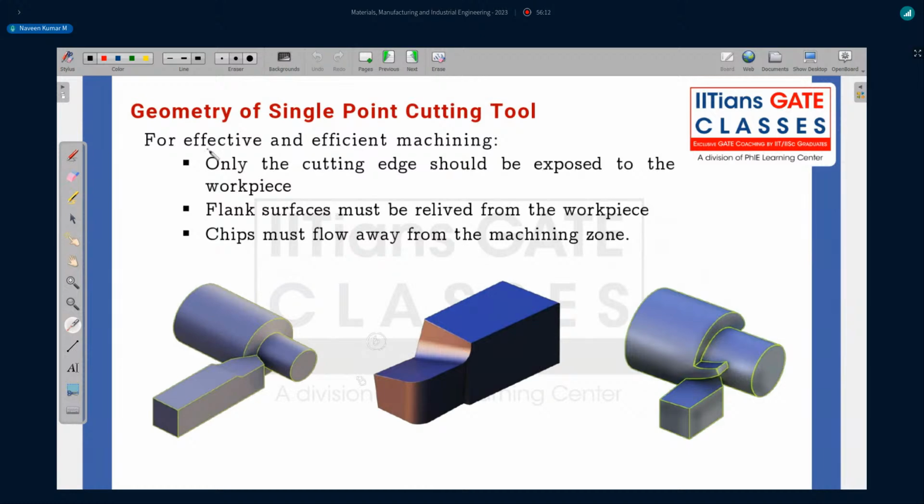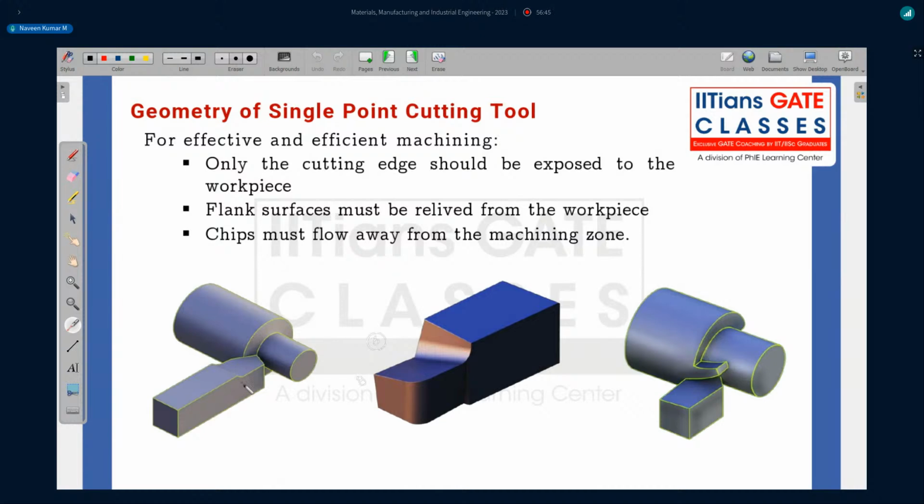What are those? First one, only the cutting edge should be exposed to the workpiece. You have this complete cutting tool. I want only the cutting edges. So this is one cutting edge here, and another cutting edge, right? Only these cutting edges should be in contact with the workpiece.